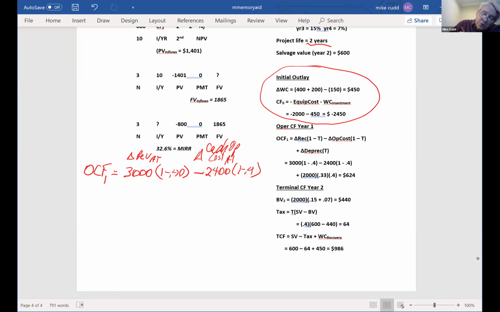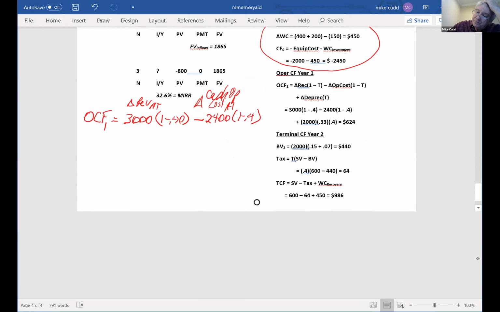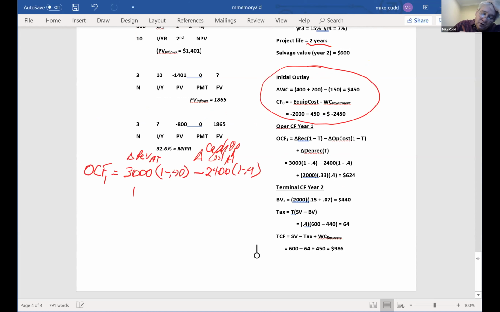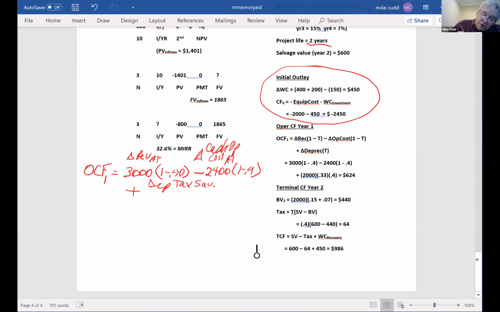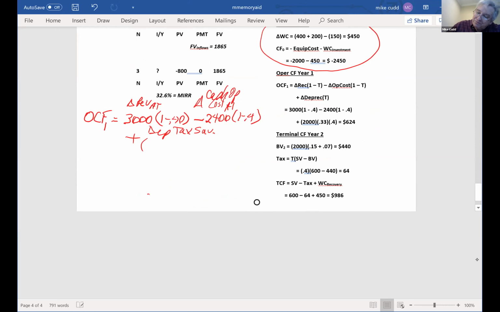And we would also have our depreciation tax savings. The cost of the equipment is $2,000.